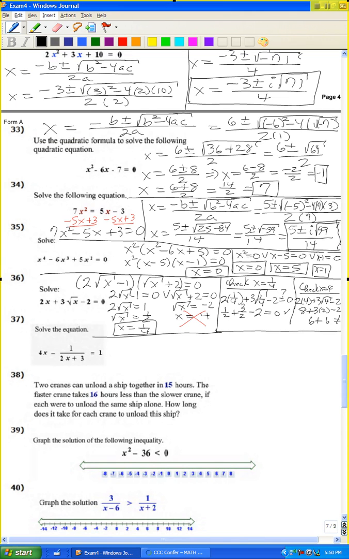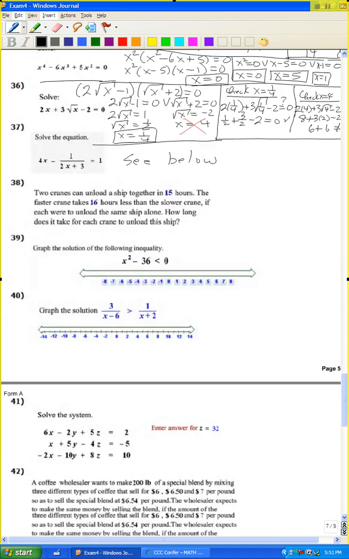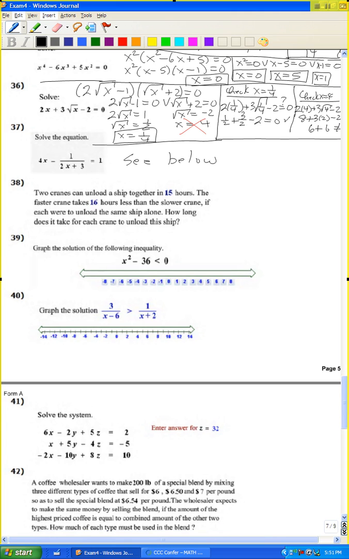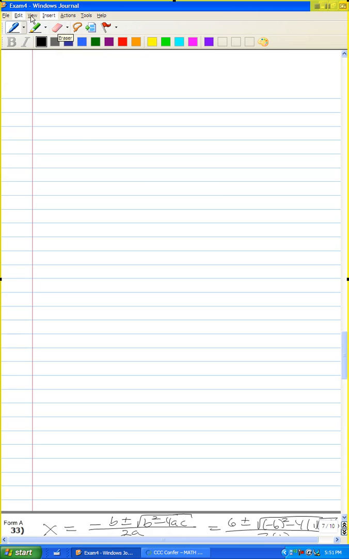Solve this equation. So just barely have enough for that. I don't think I can cram that into this little space. Nope.